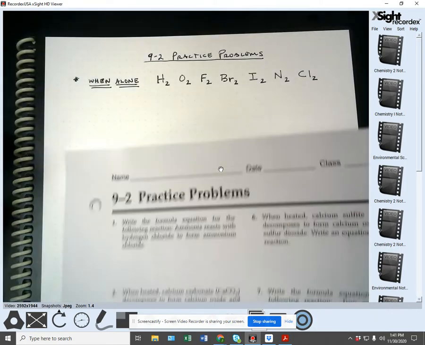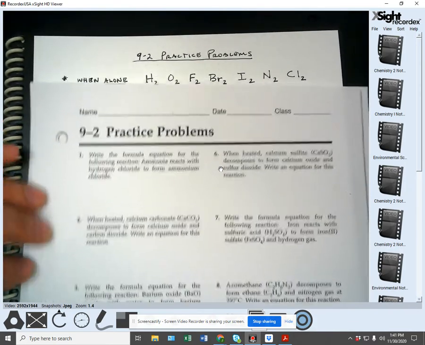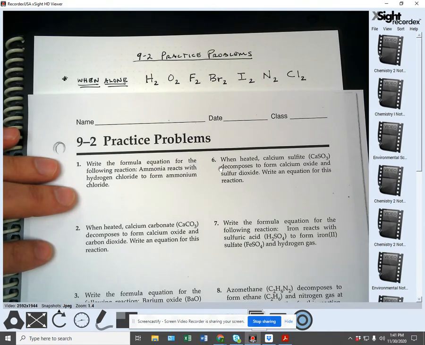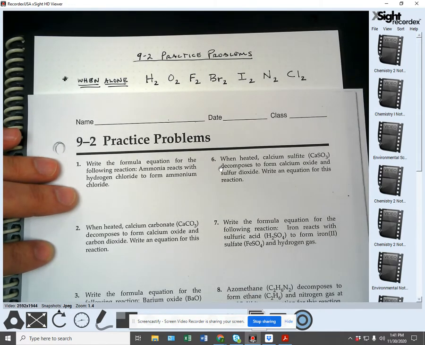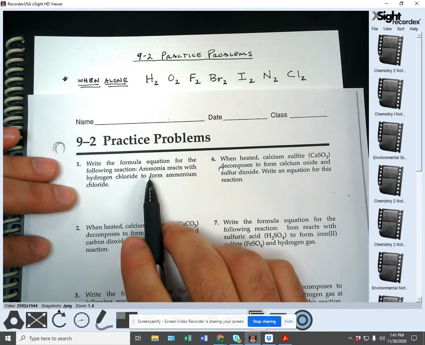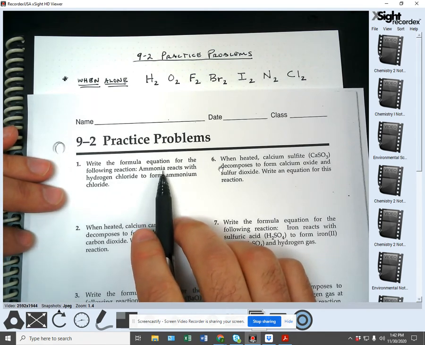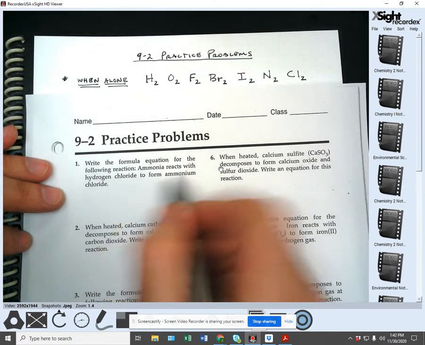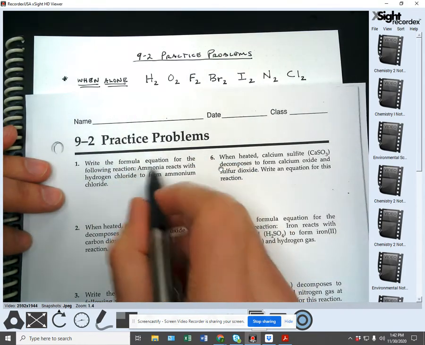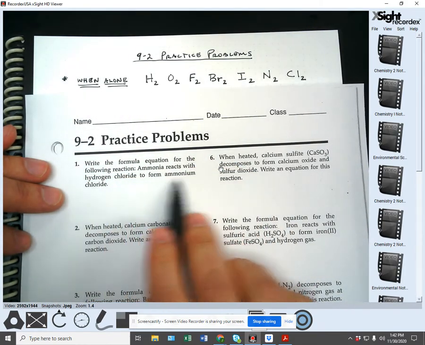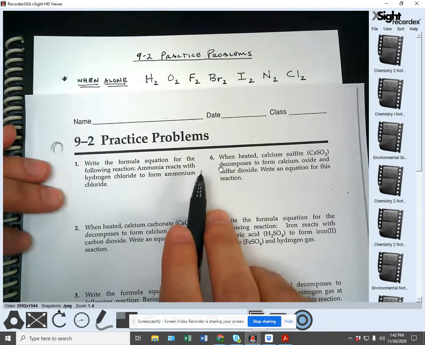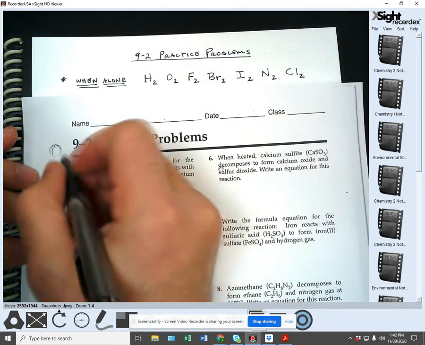A few other things for the front half. Number one, they don't tell you this. Ammonia, you've got to be careful. Ammonia versus ammonium.